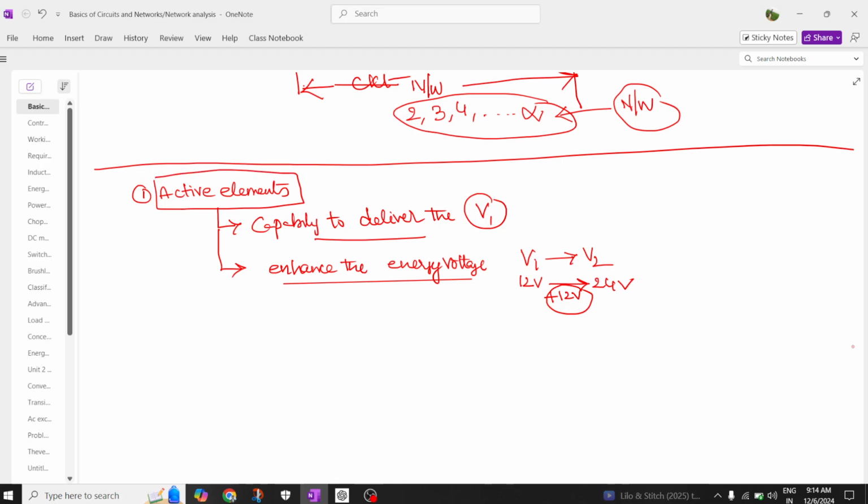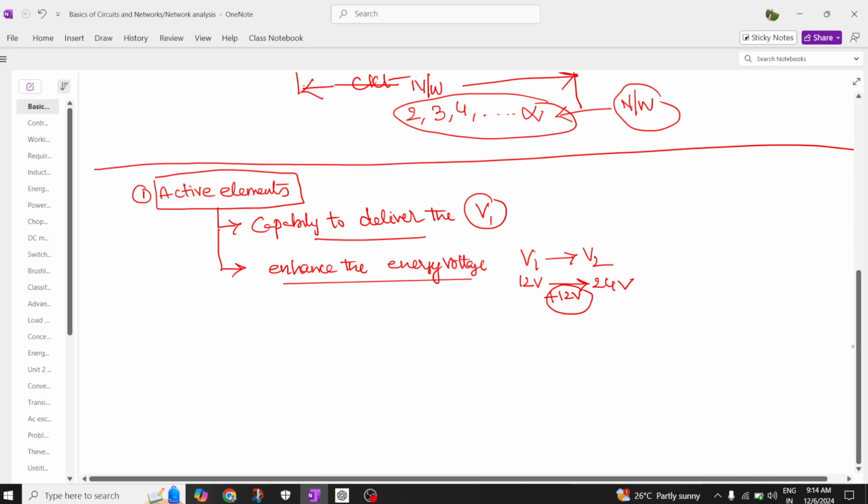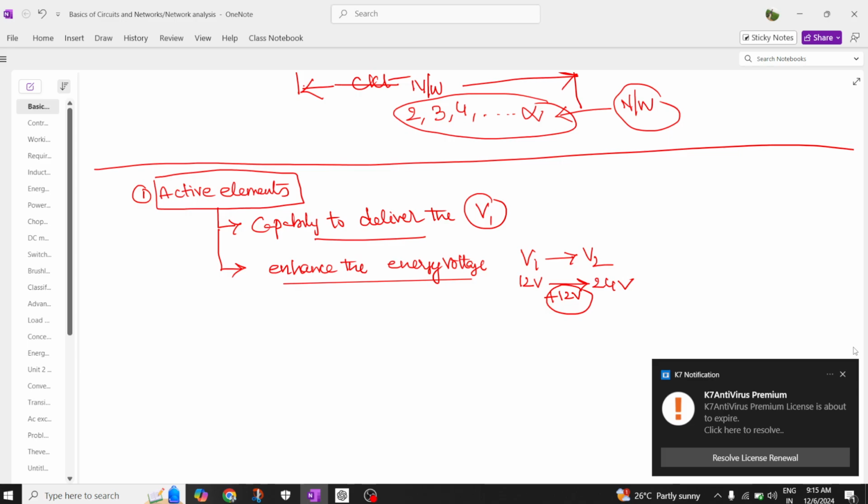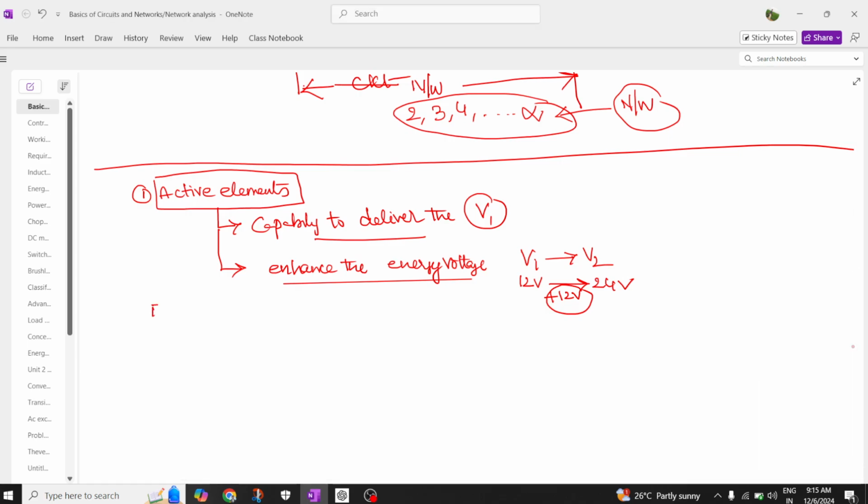So what is an active element? Active elements have the capability to deliver or generate energy, or they can enhance the voltage level. What examples can we take to understand active elements? The examples are a battery, and next a generator, an AC generator, which generates an AC supply.